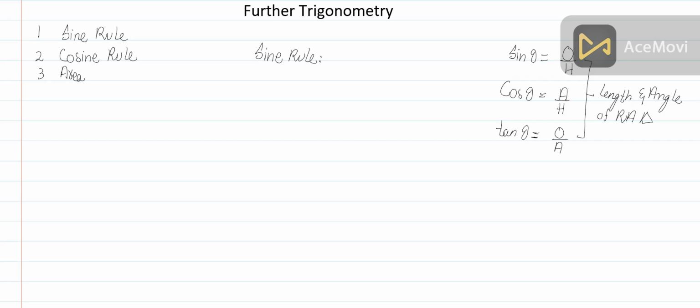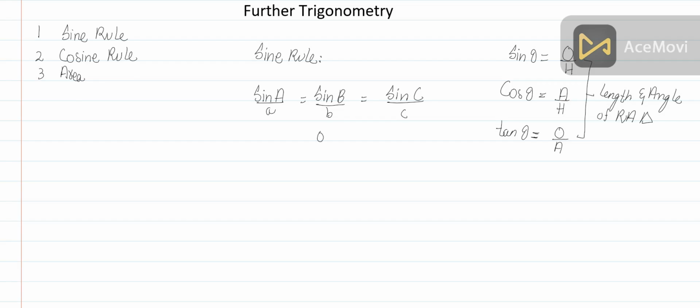So first let me write what the sine rule is. The formula for the sine rule is sine A upon side A is equal to sine B upon side B is equal to sine C upon side C. There are two ways of writing the sine rule.